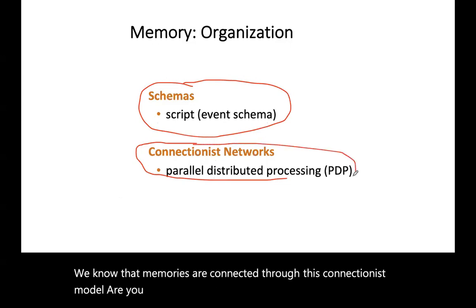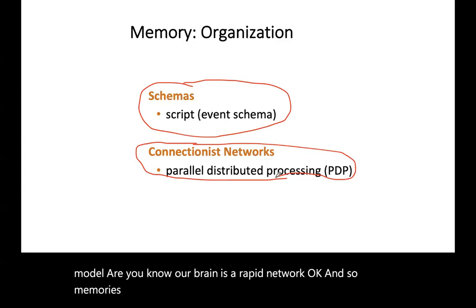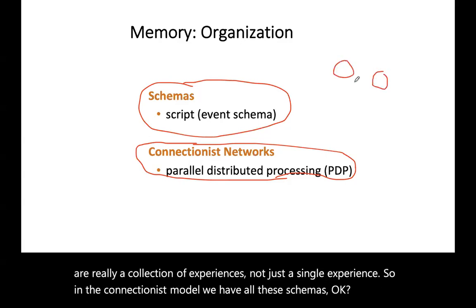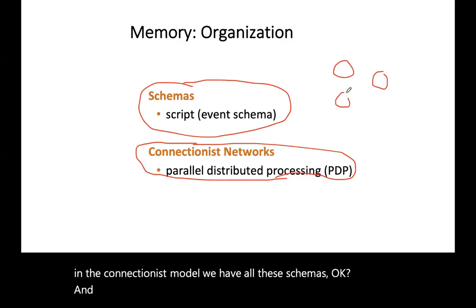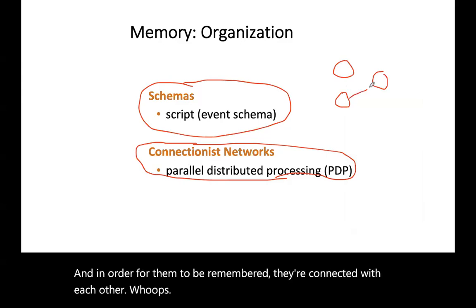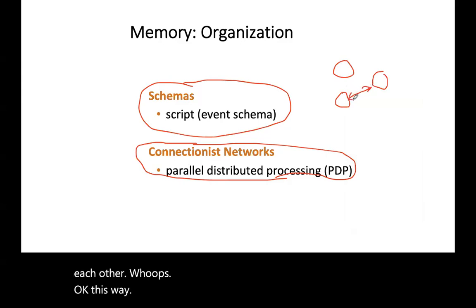Our brain is a rapid network, okay? And so memories are really a collection of experiences, not just a single experience. So in the connectionist model, we have all these schemas, okay? And in order for them to be remembered, they're connected with each other. All right, we'll do some more arrows.